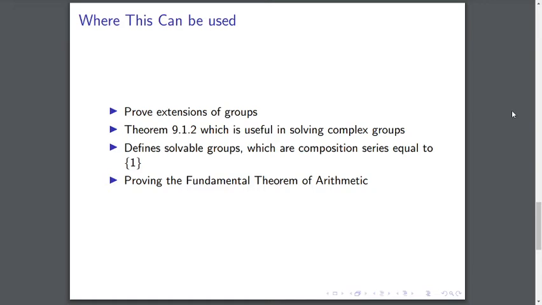Now, this also allows us to define a solvable group, which is one whose composition series has factors that reduce down to the identity series. Why this is nice is there are a lot of theorems that only work for solvable groups, and they allow us to study these groups, solve them, and learn about their properties a lot easier.